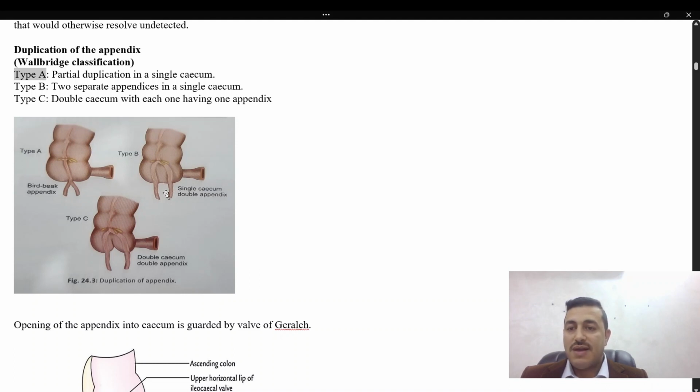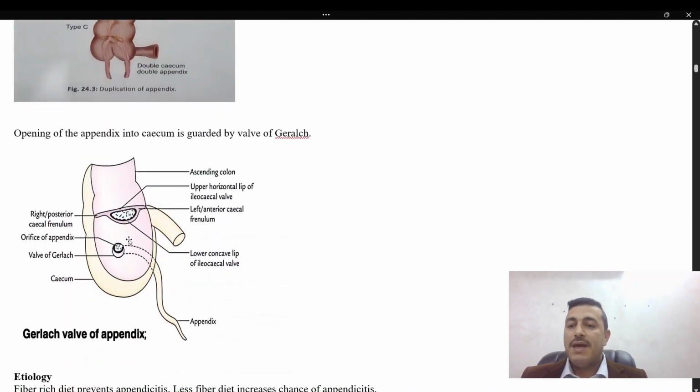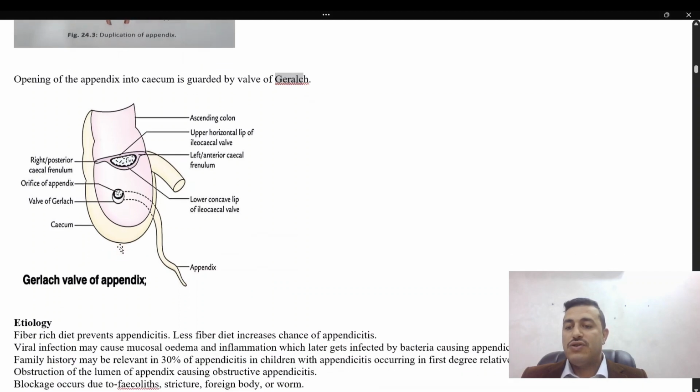You can see here, this is an appendix, this is an appendix. And type C, we have double cecum and double appendices. Actually, the opening between the appendix and the cecum is guarded by the valve of Gerlach. Here is the orifice of the appendix. This is the valve of Gerlach.